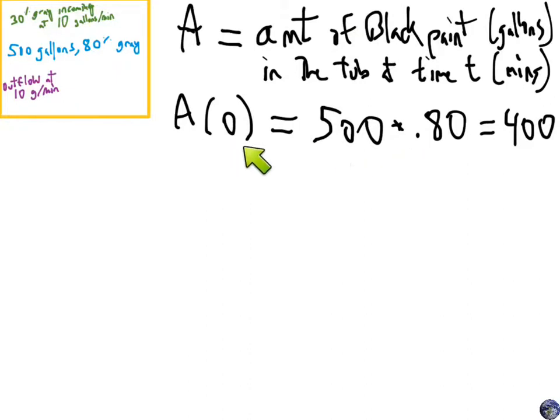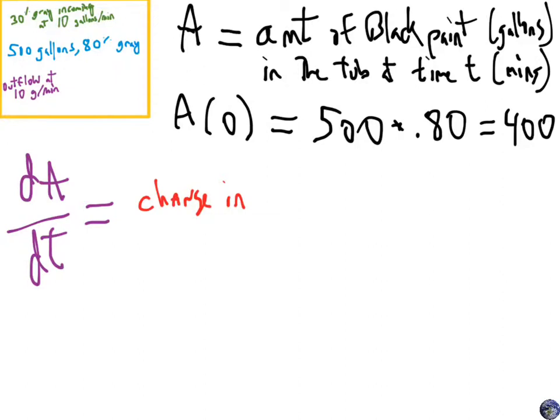But how are we going to figure out this differential equation? What is the derivative? This takes a little bit of thinking, but let's look at the change in the amount of black. So let's look at the derivative. dA/dt is equal to the change going in minus the change going out. Remember, A represents the amount of black.